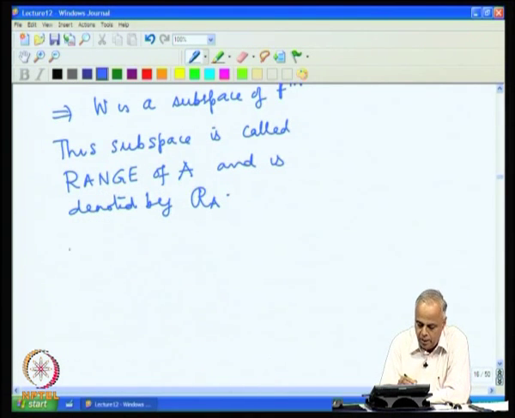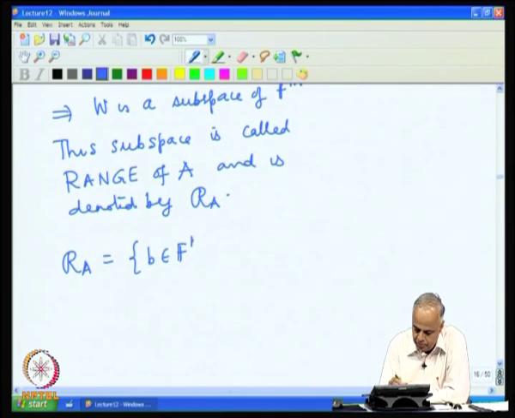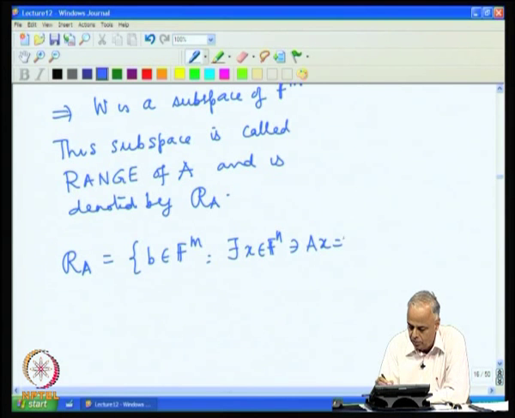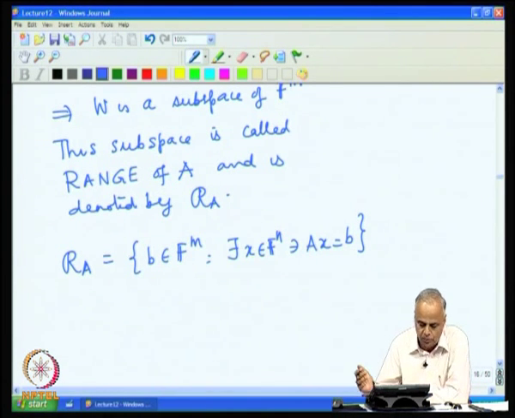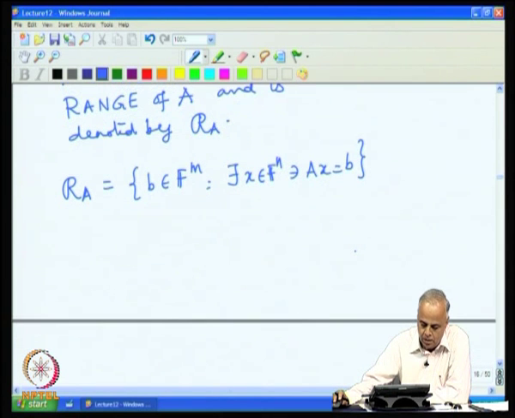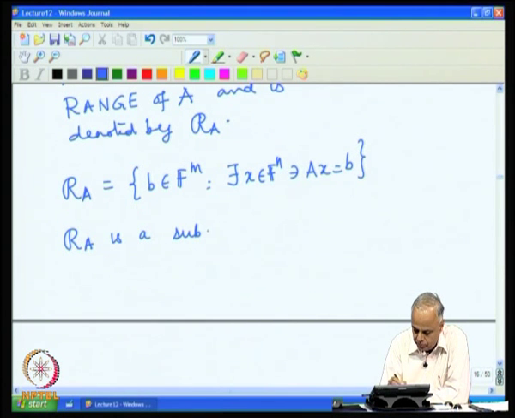So, what is RA? RA is the set of all B in Fm such that there exists an x in Fn satisfying Ax equal to B. It is all those B's for which Ax equal to B is a consistent system; B equal to 0 is the homogeneous system. So, RA is a subspace of Fm.